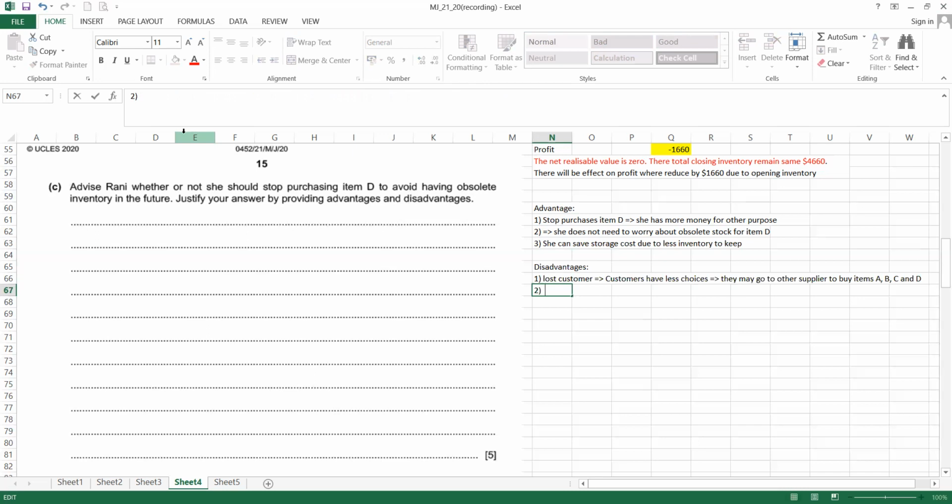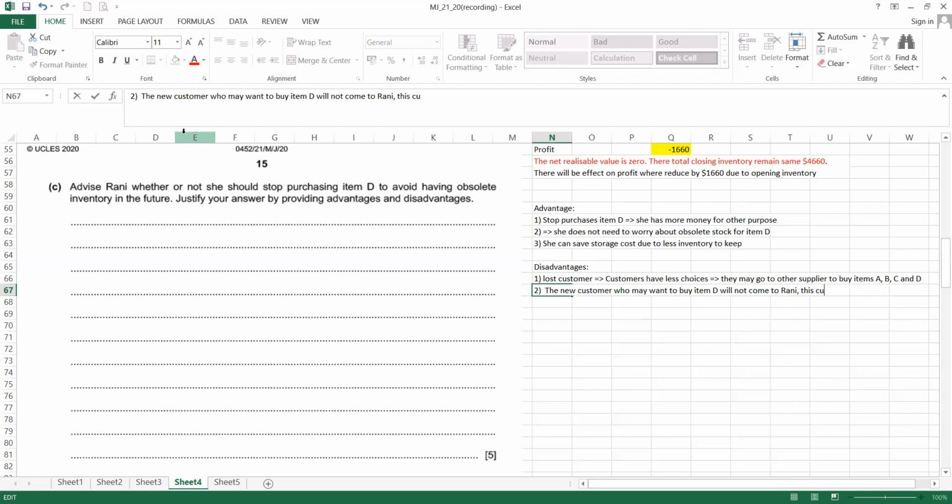Other than that, the customer has less choices and may go to other suppliers to buy items A, B, C, D. Then the new customers who may want to buy item D will not come to Rani.